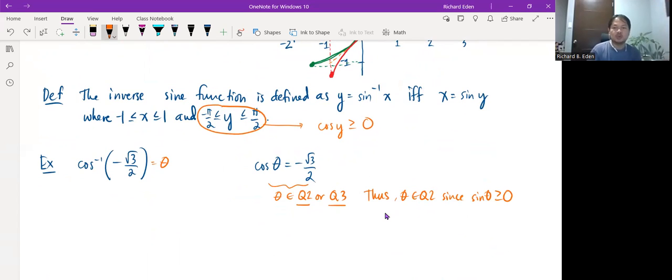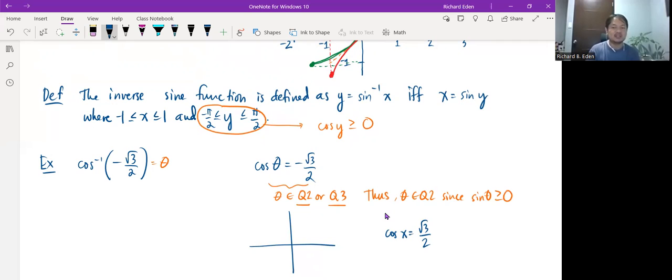Okay, so we're looking for an angle in the second quadrant whose cosine is negative square root of 3 over 2. So let's first think of cosine of x equal to square root of 3 over 2, using the absolute value.